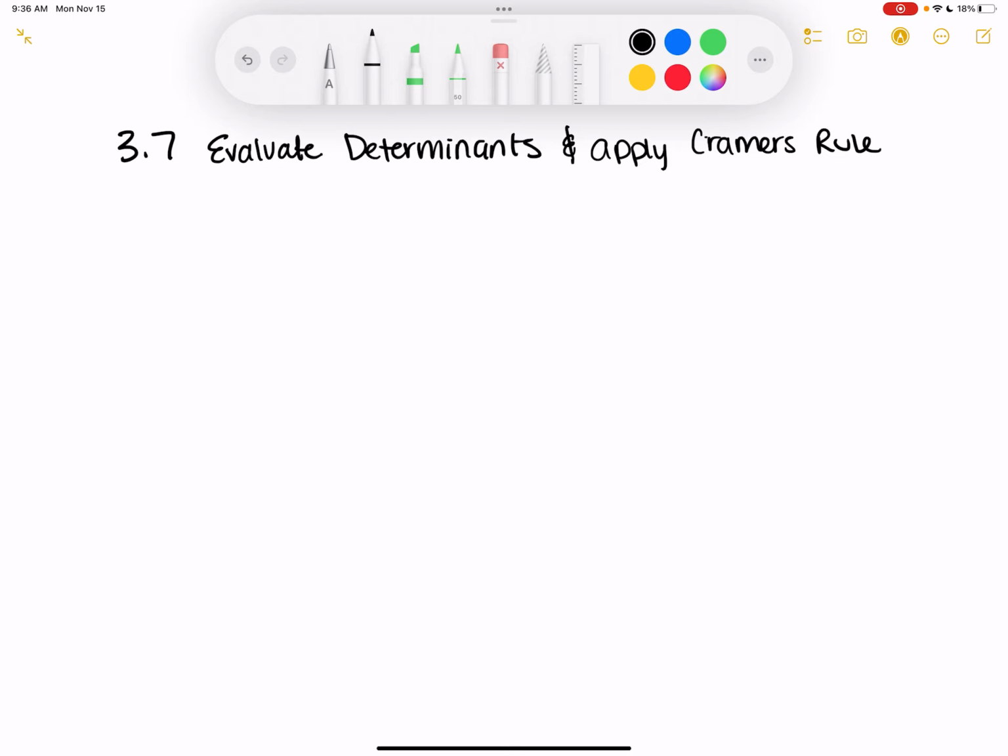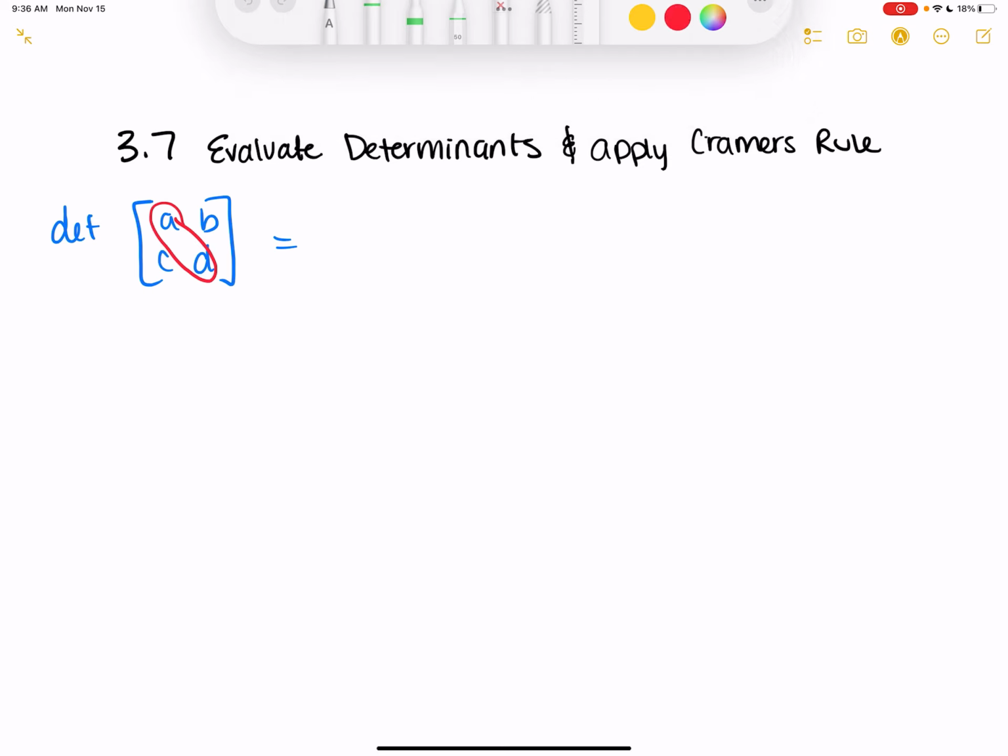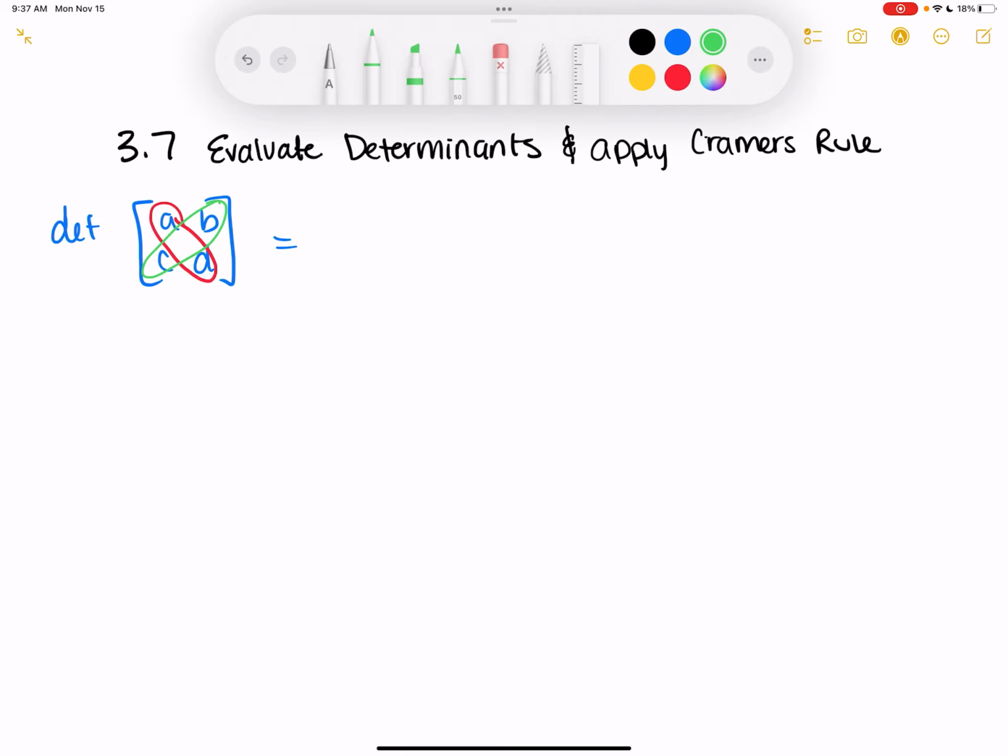Okay, so just as a reminder, when we do the determinant of a 2x2, you already have this in your notes, but just to have a refresher, we do AD minus BC.